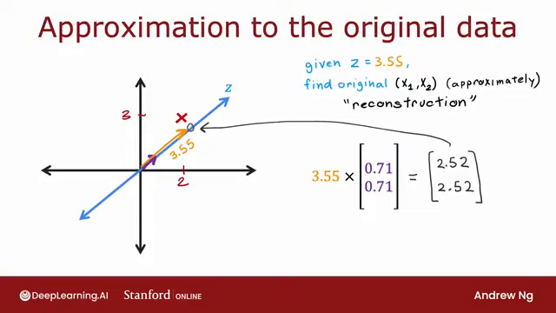So we can approximate the original training example, which was at coordinates 2, 3, with this new point here, which is at 2.52, 2.52. And the difference between the original point and the projected point is this little line segment here. And in this case, it's not a bad approximation. 2.52, 2.52, it's not that far from 2, 3. So with just one number, we could get a reasonable approximation to the coordinates of the original training example. And this is called the reconstruction step of PCA.